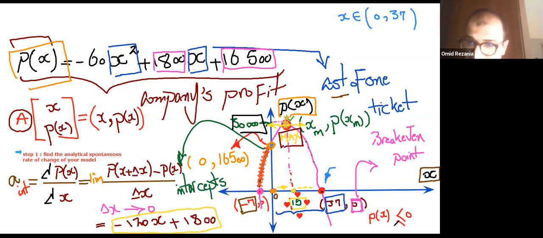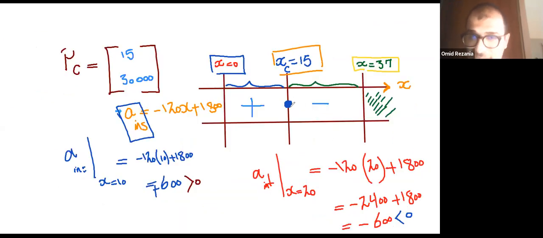which means that in this scenario, where you have a critical point, x equals 15, and a jump from positive to negative, this point acts as a maximum point.